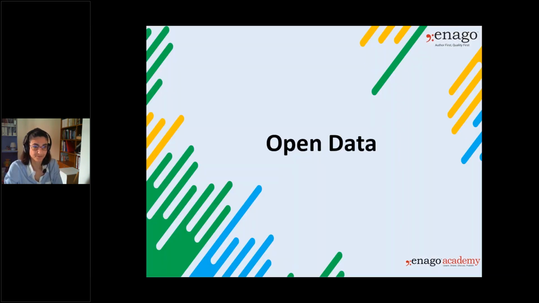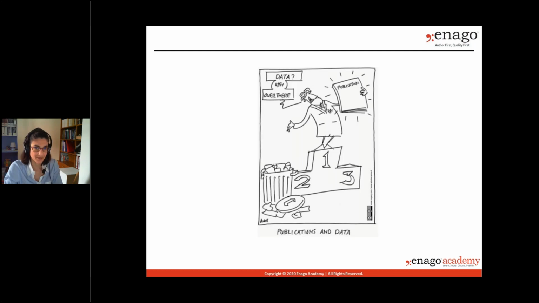Open data. Sometimes it is the case that scientists may pursue a publication at all costs, often putting aside valuable data, leaving it on a shelf, letting it go to waste as long as a publication with the key findings or some of the findings is out.